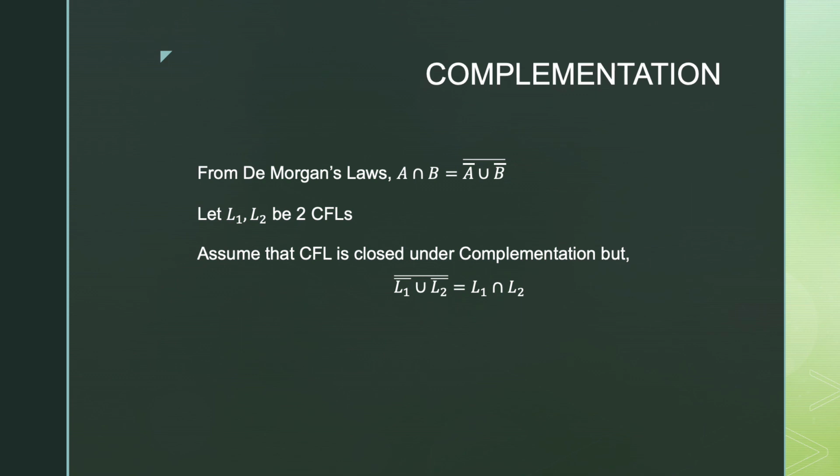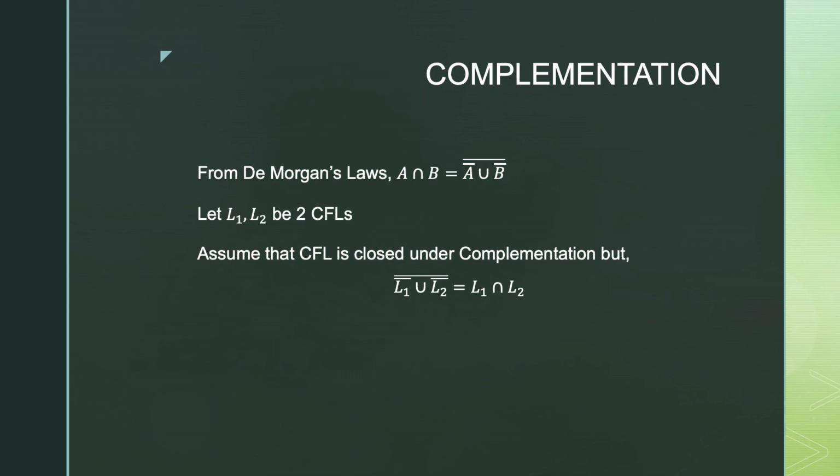So what we are finally saying is that two CFLs, which are L1 and L2, applied on some operations of union and complementation, are leading to L1 intersection L2. But previously we have said that L1 intersection L2 might lead to a non-context-free language.